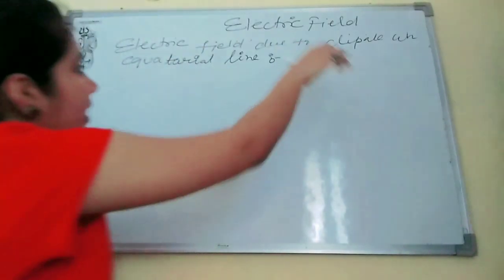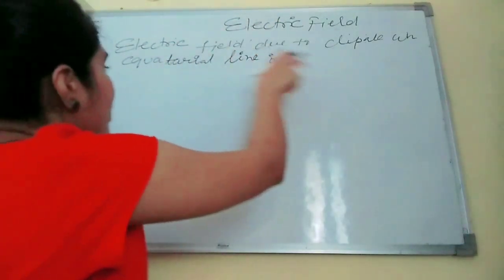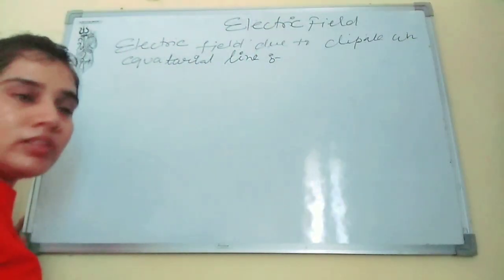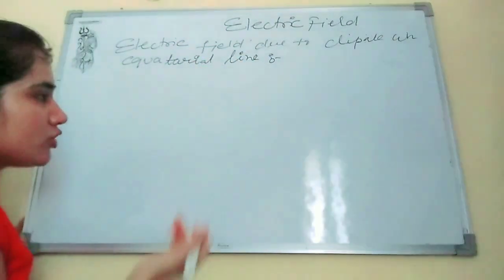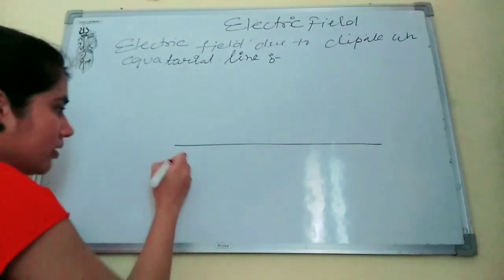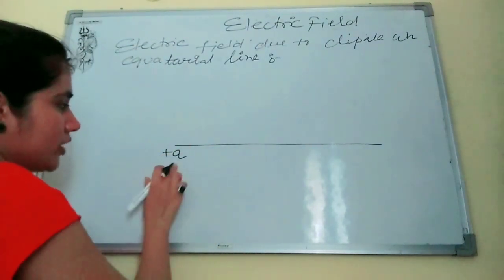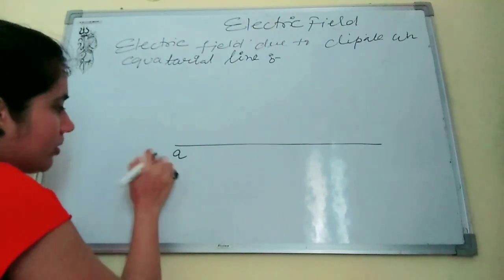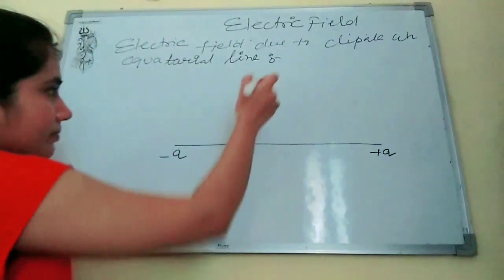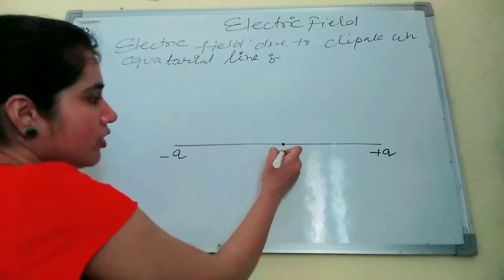Now, electric field due to a dipole on the equatorial line. Before this we have just seen the axial line, and now we will see the equatorial line. So what is the equatorial line? Suppose this is the line. Here charge minus Q is placed, and here plus Q is placed, and this is the center of the line.